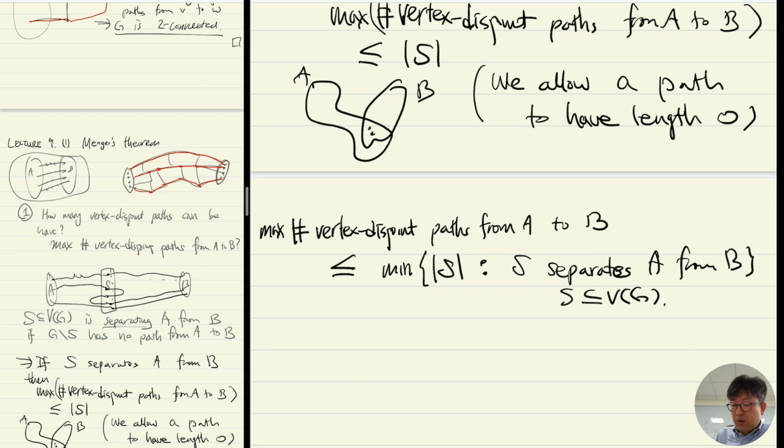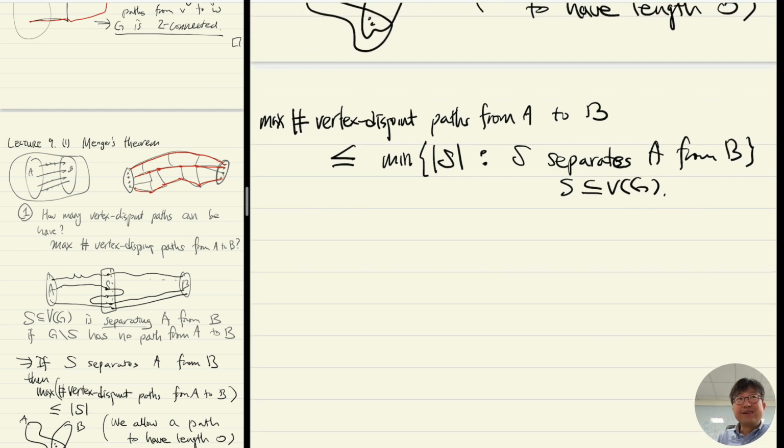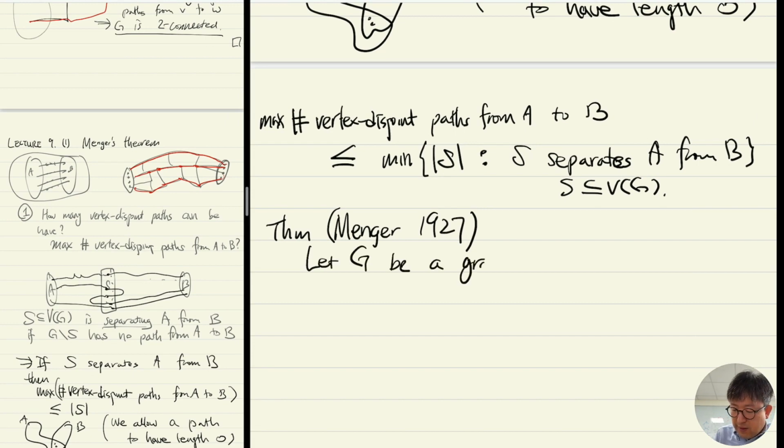Now, what's surprising is that equality actually holds. So that's the theorem of Menger in 1927. Okay, so let G be a graph, and A, B be vertex sets, and I don't care whether they intersect or not.